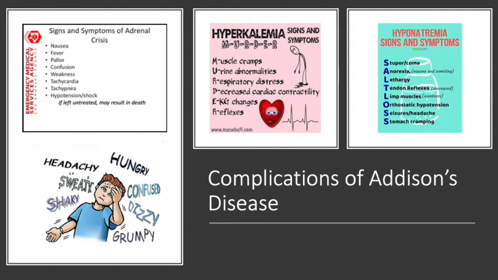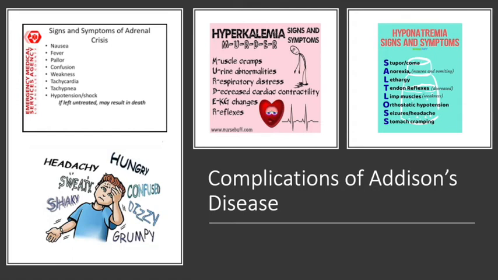Some of the expected findings of hyponatremia can be remembered by utilizing the mnemonic SALT loss, which stands for S for stupor/coma, A for anorexia, which is often accompanied with nausea and vomiting, L for lethargy, T for tendon reflexes, which are hypoactive, L for limp muscles, aka muscle weakness, O for orthostatic hypotension, S for seizures/headache, and S for stomach cramping.